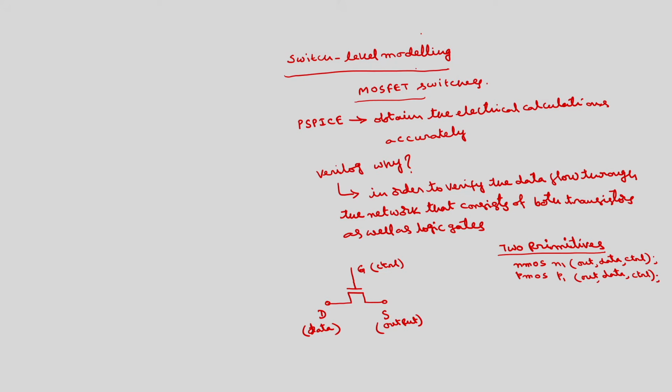Suppose we want to write a Verilog code for a simple inverter. We know the CMOS inverter consists of one NMOS device and another PMOS MOSFET.